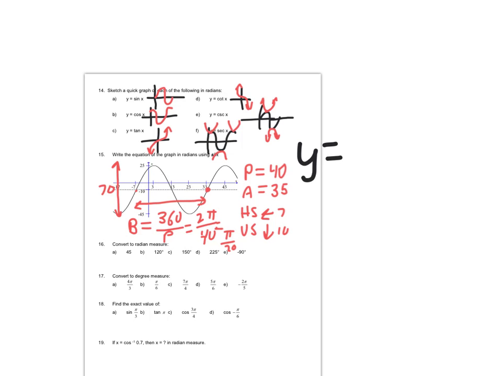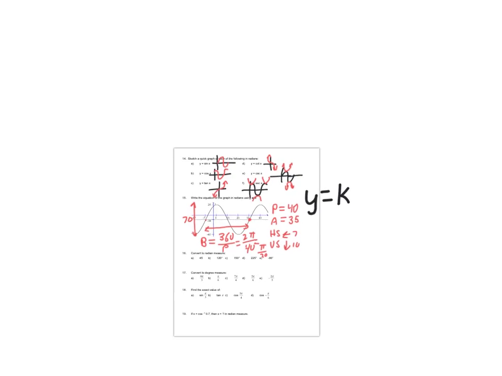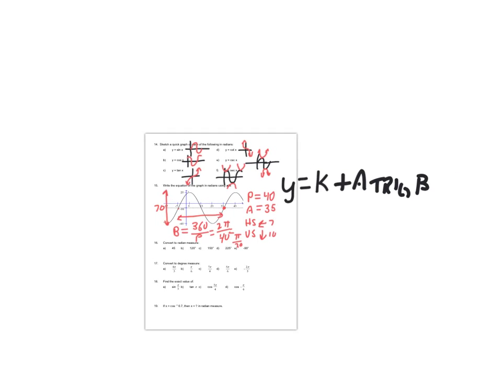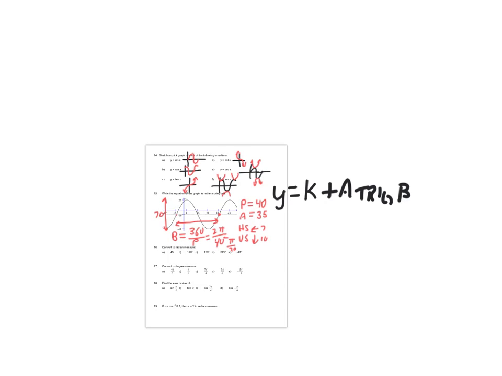So the formula is y equals k plus a, the trig, b, and then, I really need to learn how to write smaller, x minus h.